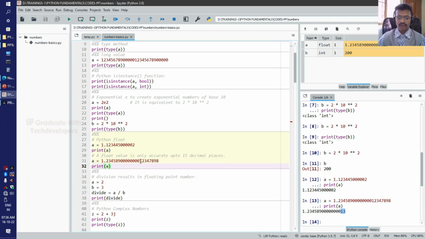But it is rounding off these 6 numbers and making this number 2 the nearest upper value, that is 3. So these 6 values have been replaced with the number 3. It is rounding off.